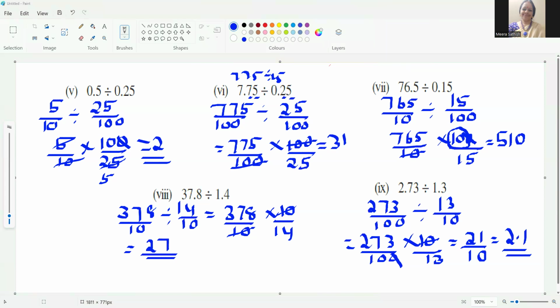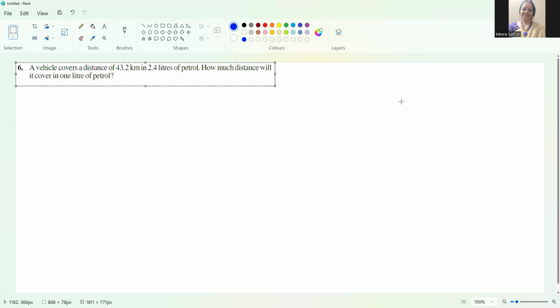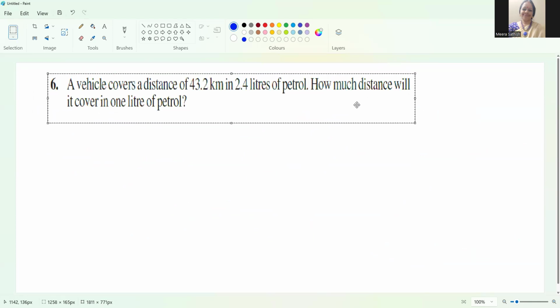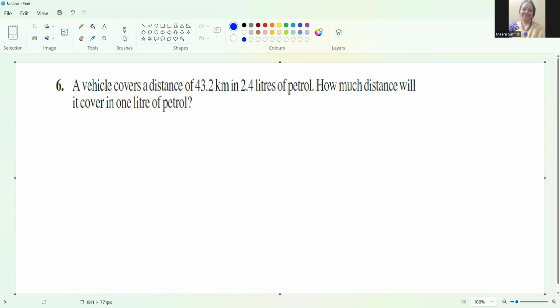And the last question. A vehicle covers a distance of 43.2 kilometers in 2.4 liters of petrol. How much distance will it cover in 1 liter? So many to 1 means we have to divide.